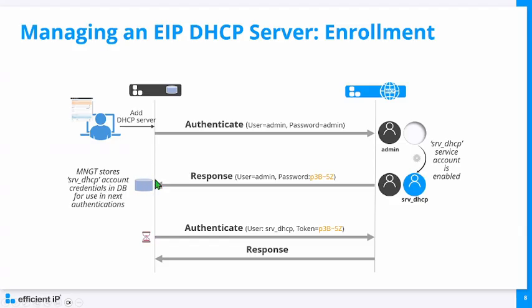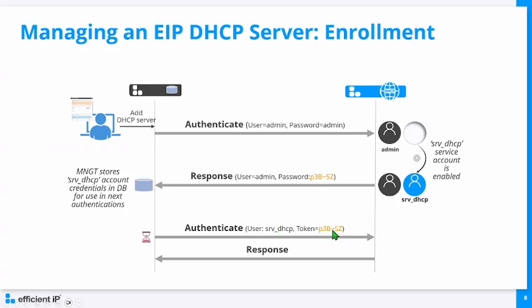Once the management server has the password of the service account, then subsequently, to manage the DHCP server engine remotely, they are going to connect to the remote DHCP server using the service account, right?